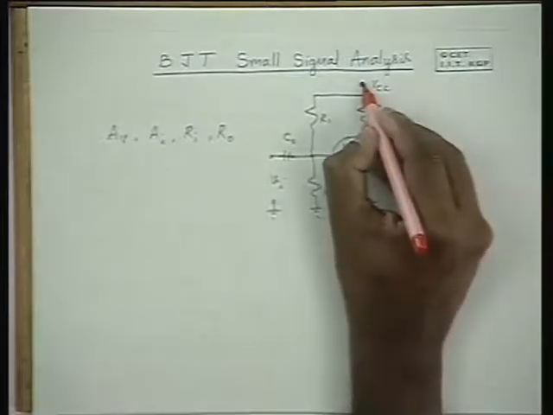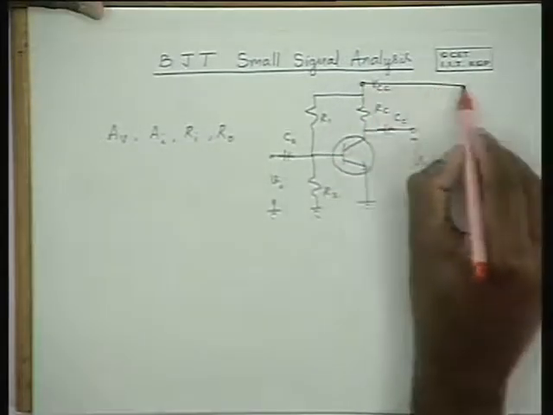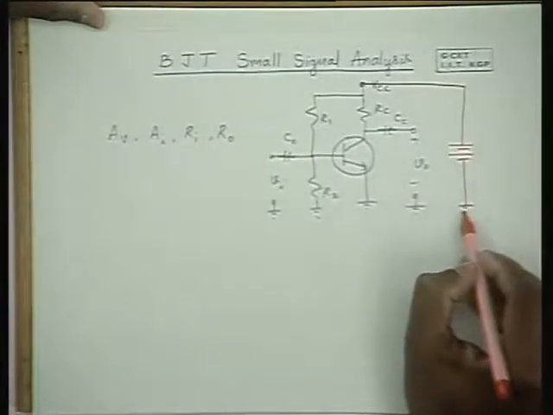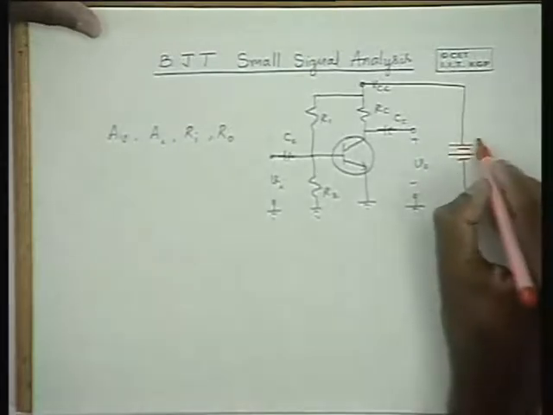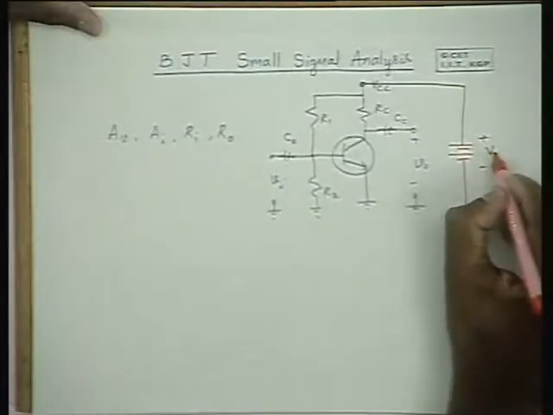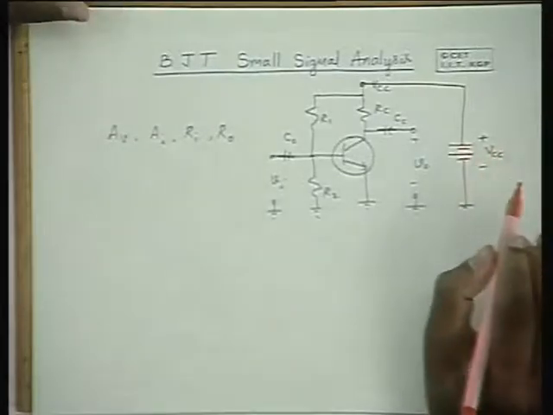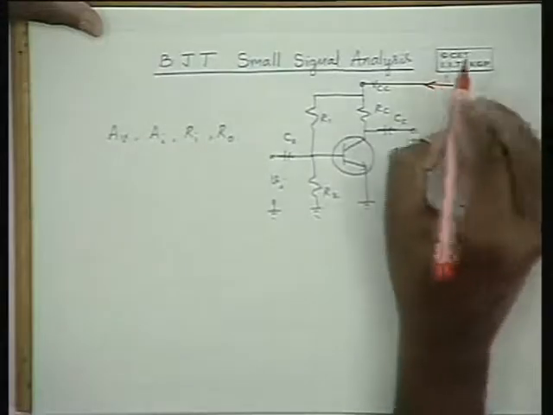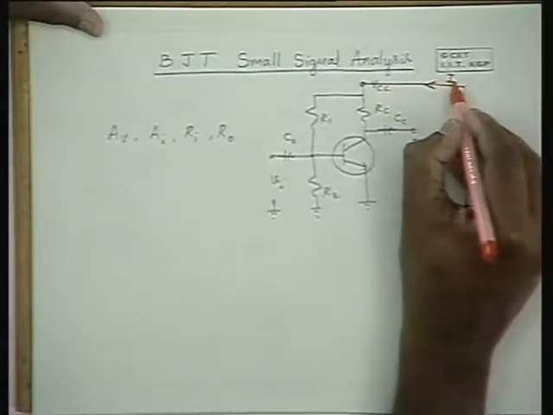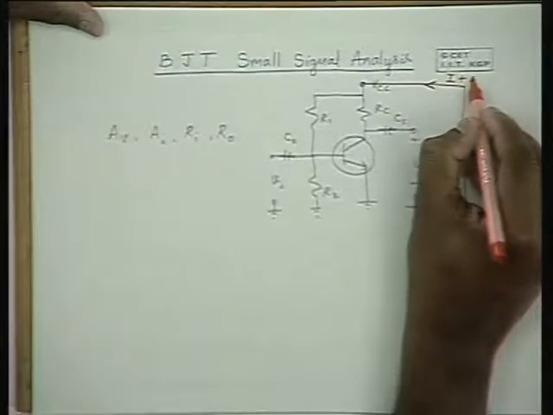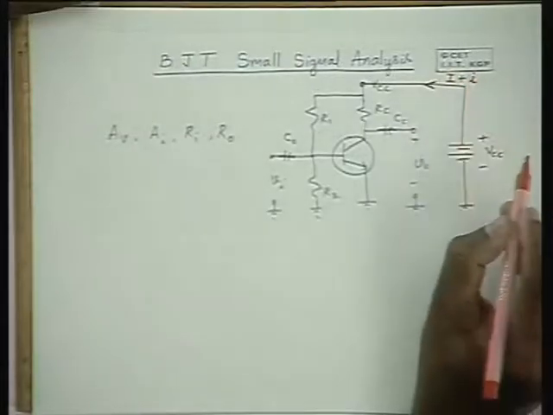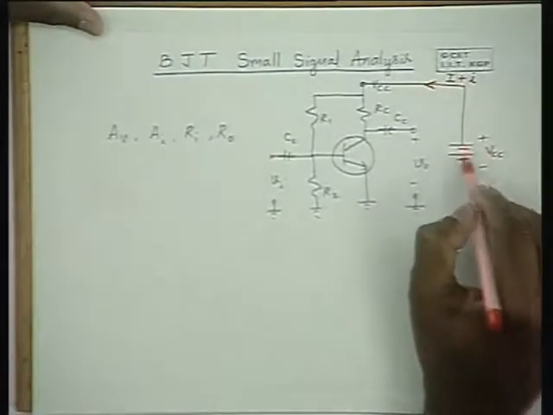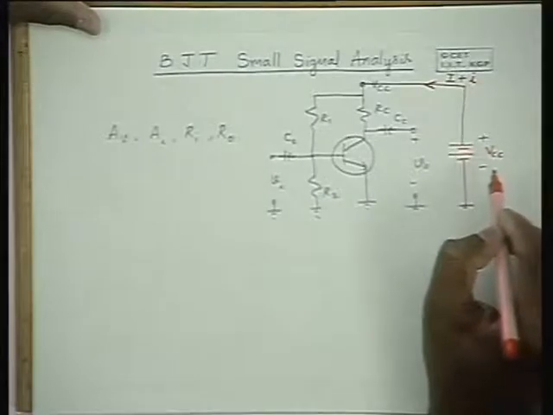And the supply, please note that the supply is a DC supply, and a DC supply means it can only have a DC voltage of VCC volts. When a current with a DC component and some alternating component is passed through it, the alternating component does not create any additional DC voltage across it.